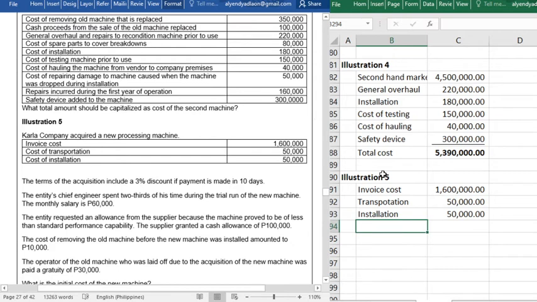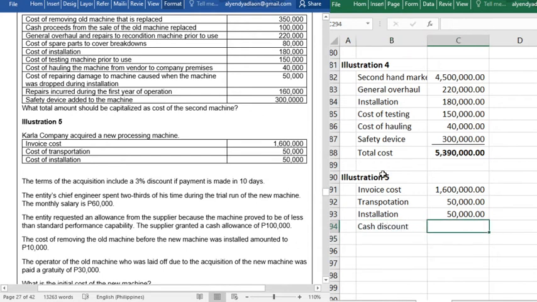Now, take note of this class, that as you can see, there's no information as to when did the entity pay the machine. Now, take note that whether the entity paid the machine within the 10-day period or beyond the 10-day period, we are still to deduct the cash discount. Okay?